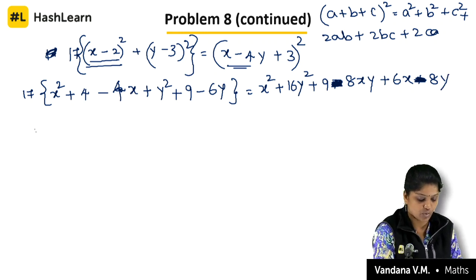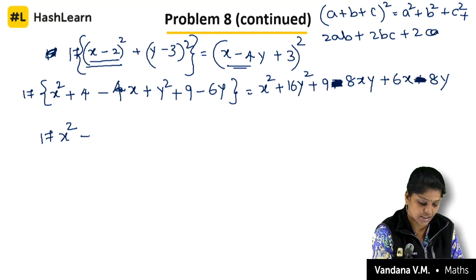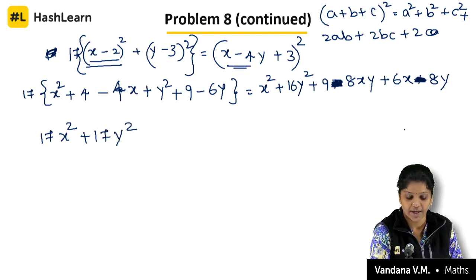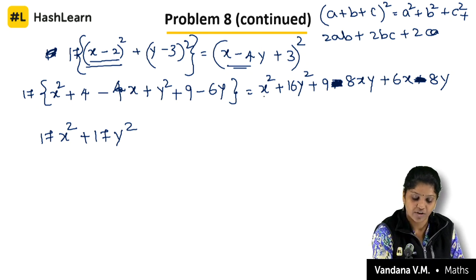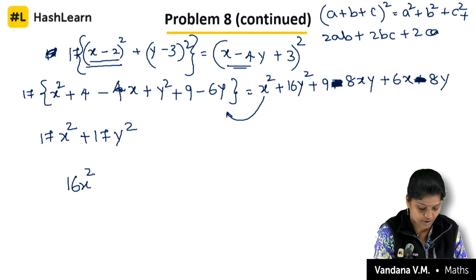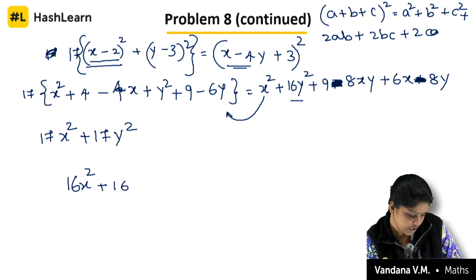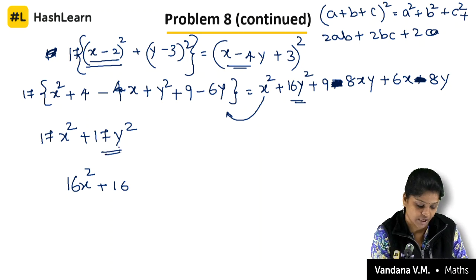So both sides you multiply: 17x square plus 17y square. Everything you multiply and bring to this side. 1x square comes this side, you will get 16x square, 16y square here, 17y square.